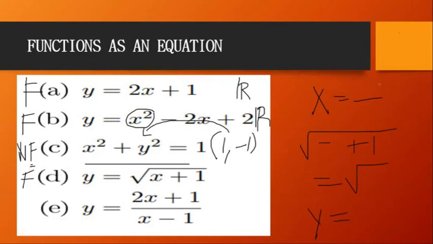Let's say ang x natin is negative 2. So this is negative 2 plus 1, that is negative 1. At katulad ng sinabi ko kanina, kung meron tayong negative number sa loob ng radical, this is not a real number. Okay? This is an imaginary number at itong y natin ay hindi nag-e-exist.